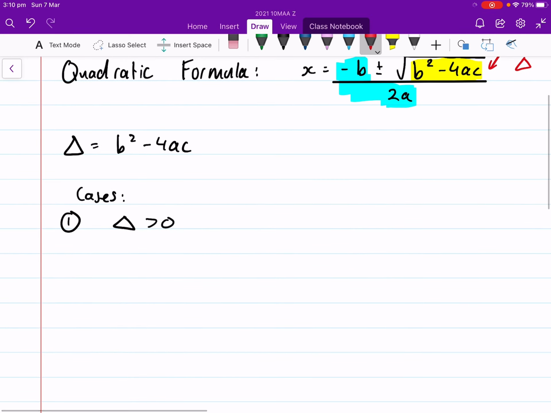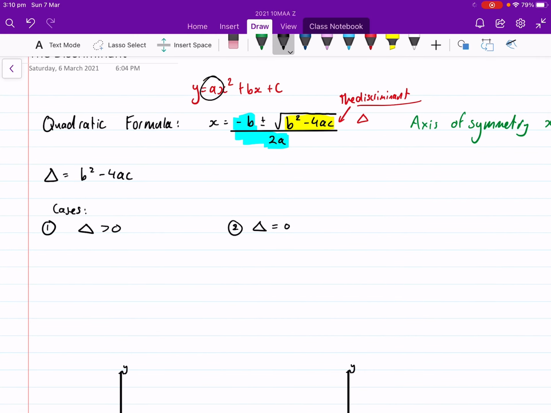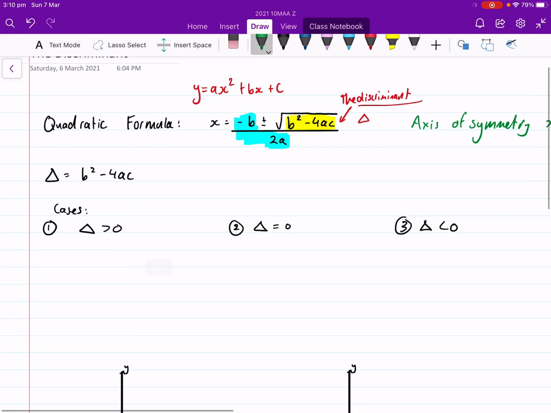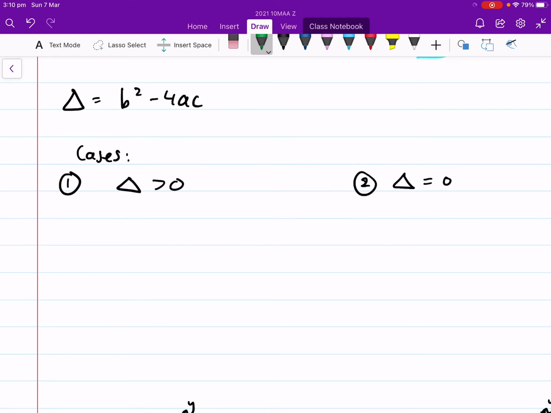The other two cases are when the discriminant equals 0, when I subbed in the values for a, b, and c and got 0, and the third case is when I sub in those values of a, b, and c and I get a negative number.